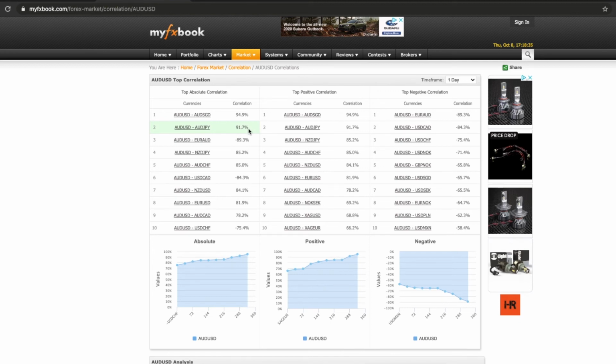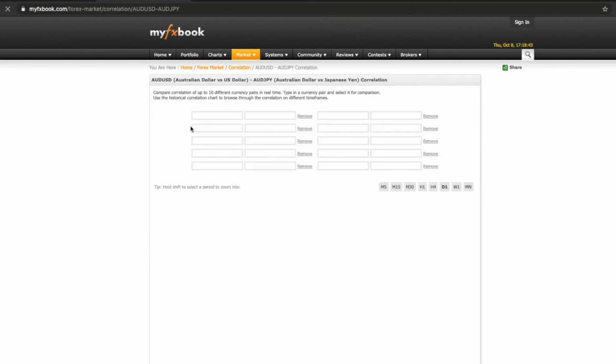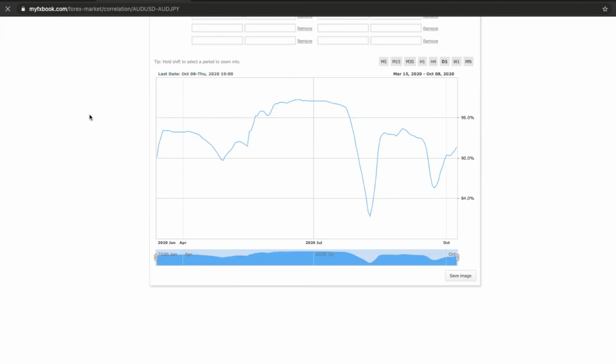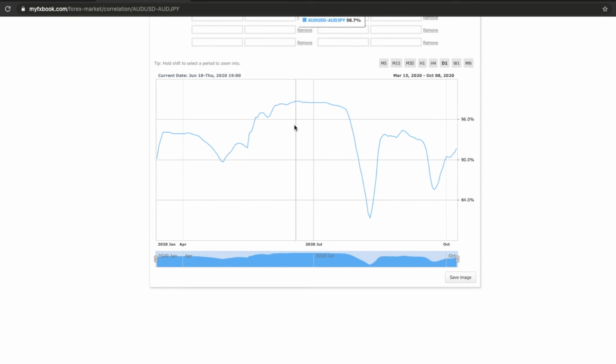And that was with these two pairs. And you can click on the pair and it will show you a history of the correlation. I don't look at this a lot, but it's nice to know it's there. You know, it's always been strongly correlated.